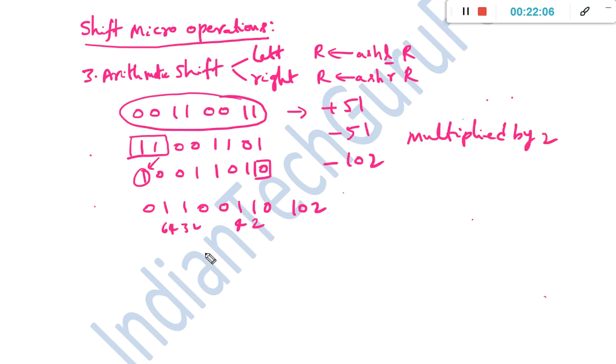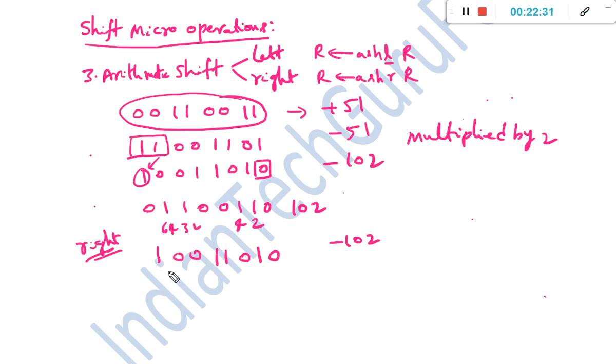Okay. So now let me consider minus 102 and perform the arithmetic right shift operation. What is the value of minus 102? 1 0 0 1 1 0 1 0. This is the 2's complement representation of minus 102.